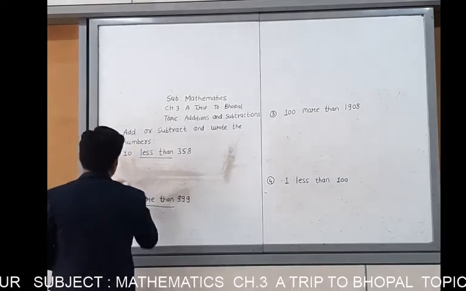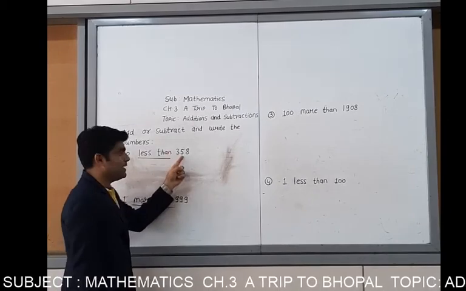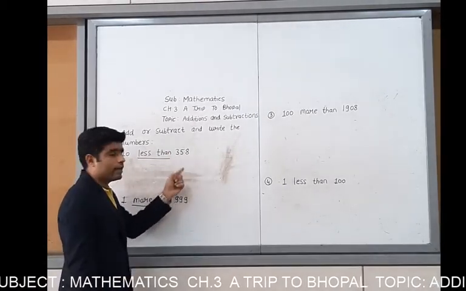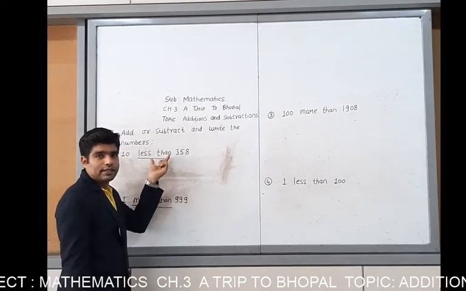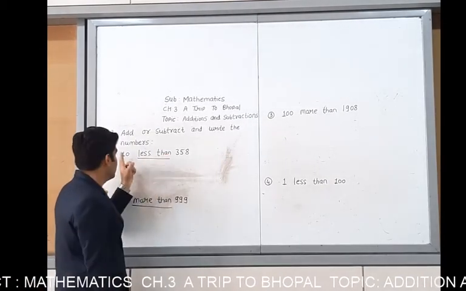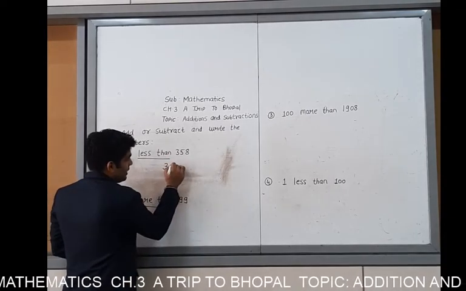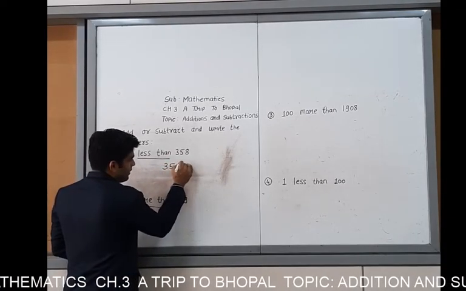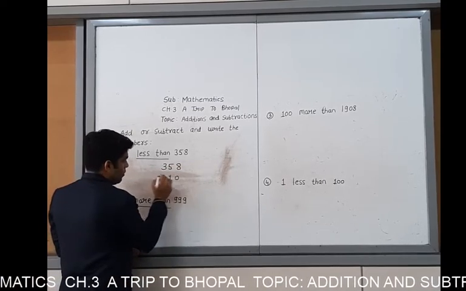Now first example, 10 less than 358. It means that for less than we have to use the subtraction sign. Understood? 10 less than 358. Here we write 358 and subtract 10.